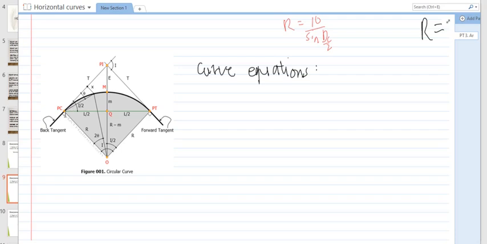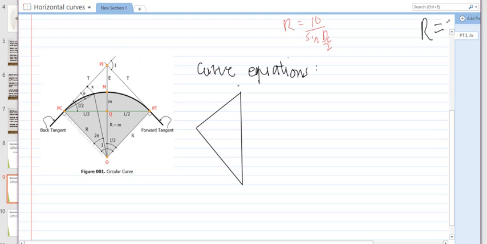So let's visualize this triangle, PC to PI up to O. PI or V. So this is PC, this is point O, so this is R. Then from this point to this point, that is R plus E. Since this is only half of the curve we are analyzing, this angle is I over 2.